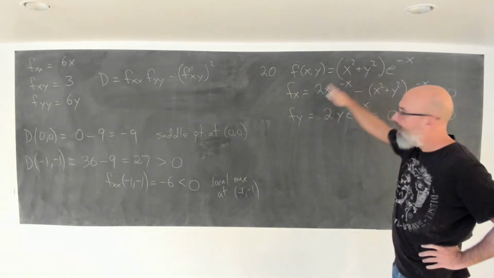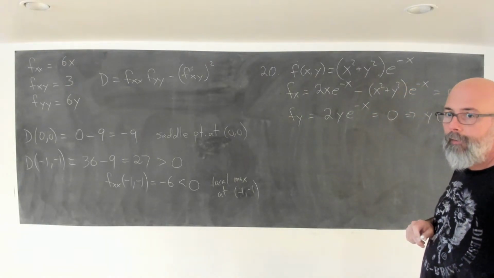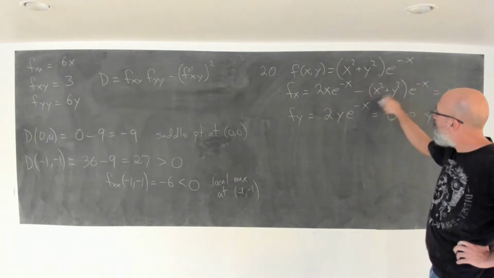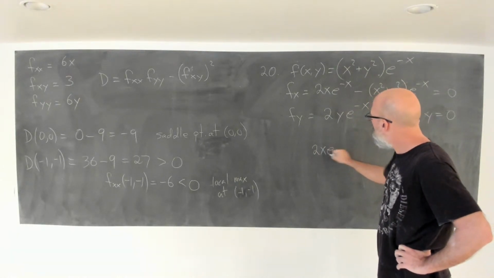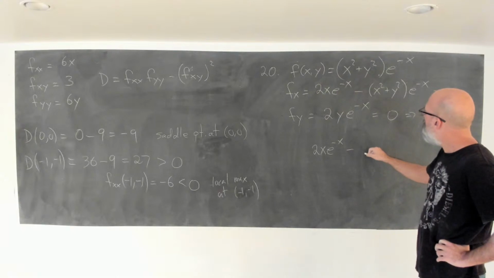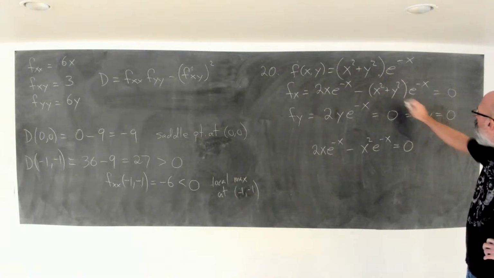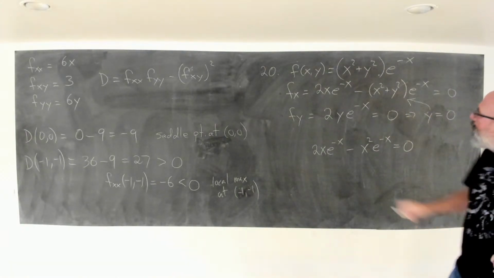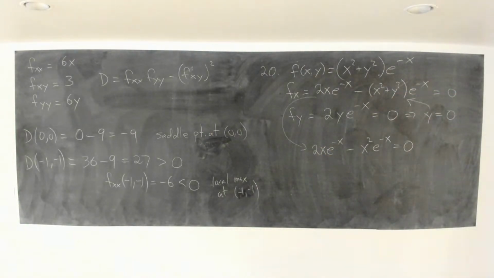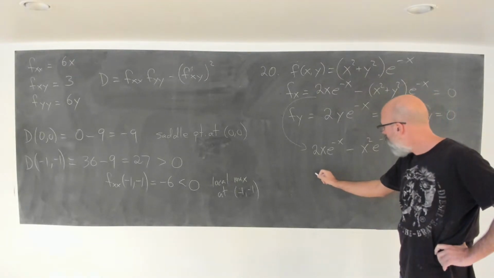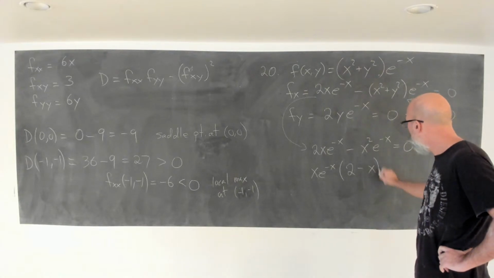If you plug y equal to 0 into this one, what do we get? We get 2x e to the minus x minus x squared e to the minus x is equal to 0. Let me factor out an x e to the minus x, leaving me with 2 minus x.